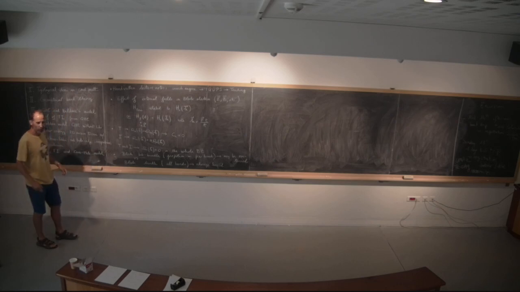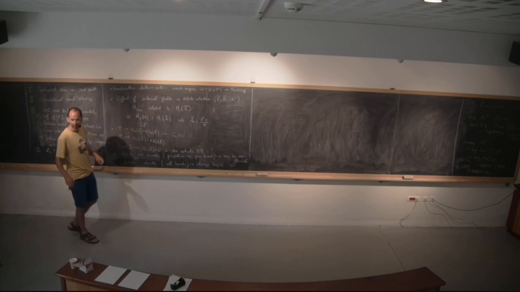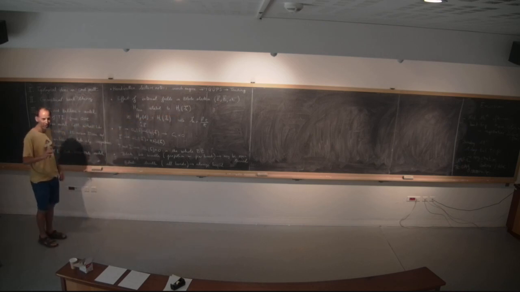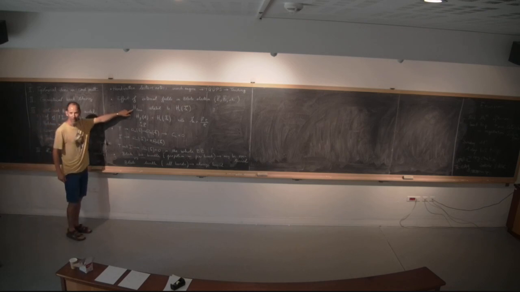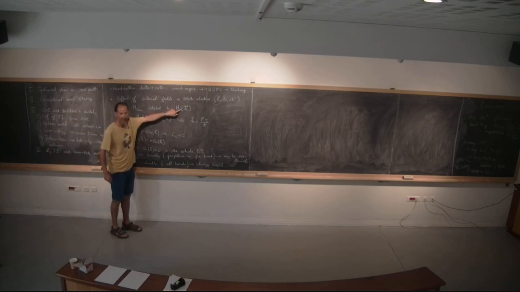And when you try to do this, that's where you see the importance of working with the Bloch Hamiltonian instead of the bare Hamiltonian. This is because there is a relation between the Hamiltonian in the presence of the external field and the Hamiltonian without the external field, but not the bare Hamiltonian, but the Bloch Hamiltonian.